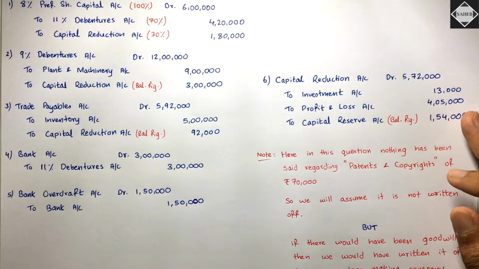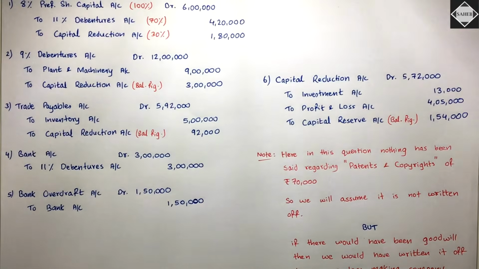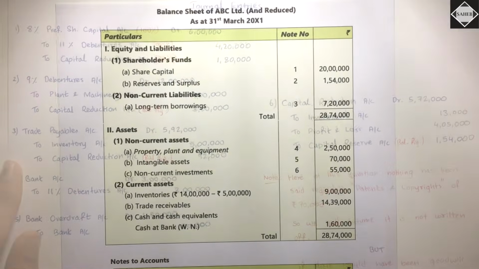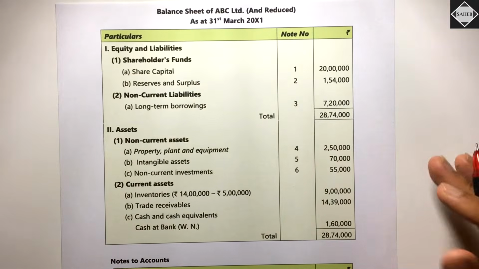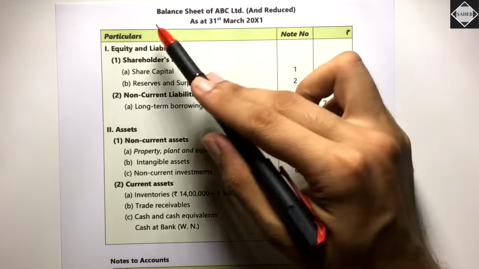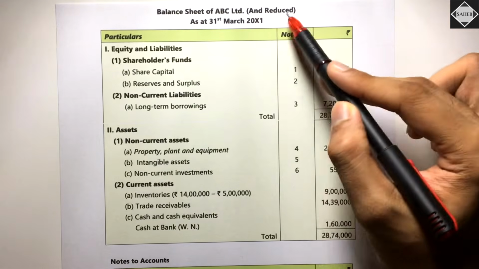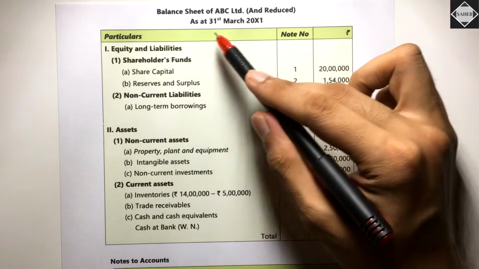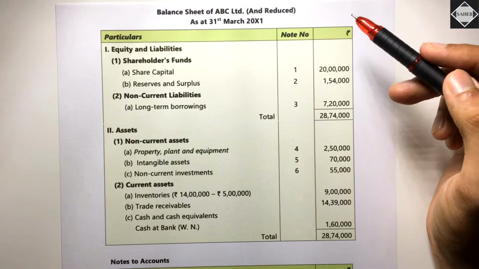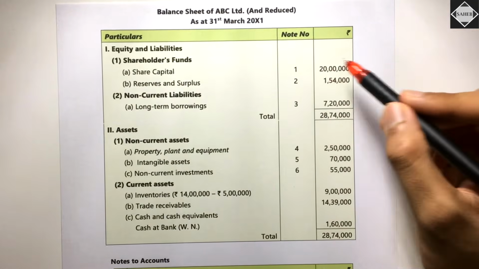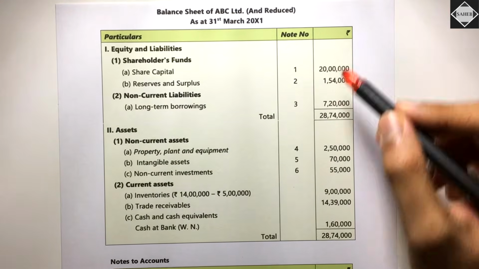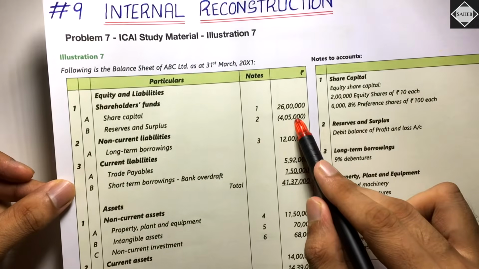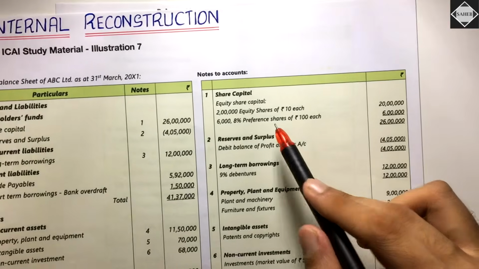And then after the general entries, now we have to see the balance sheet. Now see here, we have the balance sheet after the reconstruction. Balance sheet of ABC Limited (Reduced) as at 31st March 2021. Share capital, note number 1, 20 lakhs. How is it 20 lakhs? See the previous balance sheet: in share capital there were 26 lakhs, which included preference share capital.